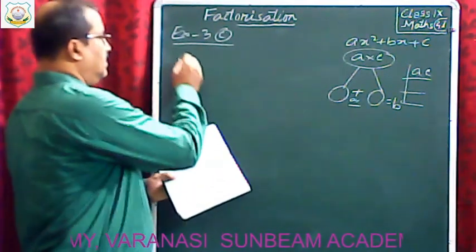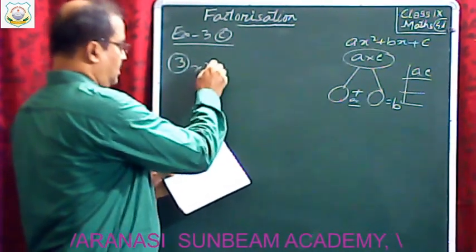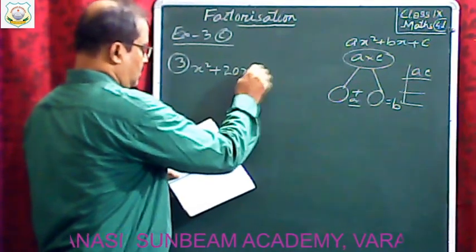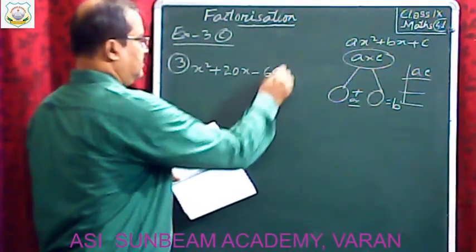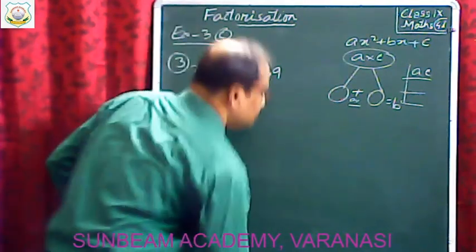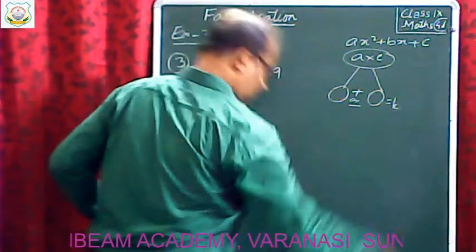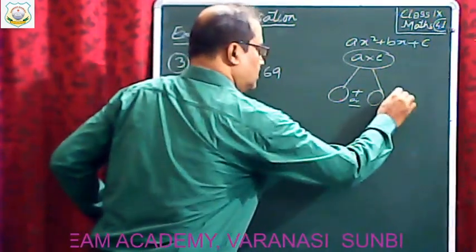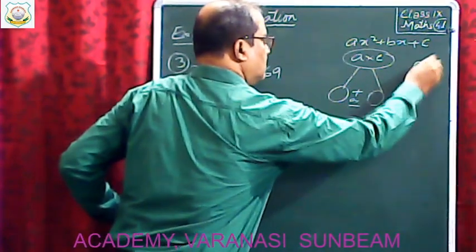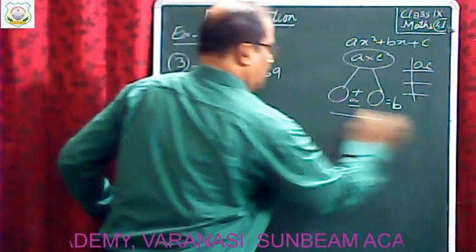Process number 3. X square plus 20x minus 69. First of all, AC you have to factorize, on a rough sheet.